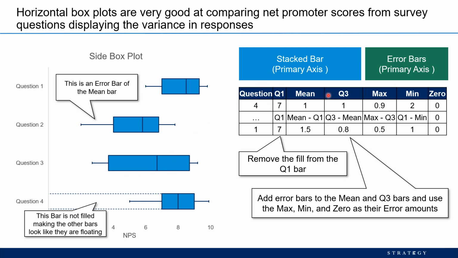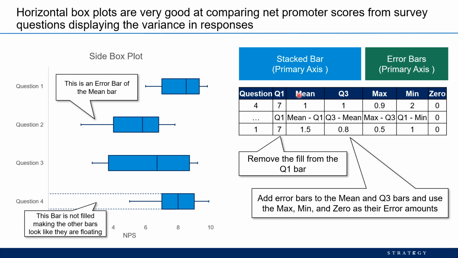So for these first four columns in our data, the first column is going to be whatever the question is. Then the second column is going to be our first quartile. So that is going to draw a bar from here to here, whatever that may be.